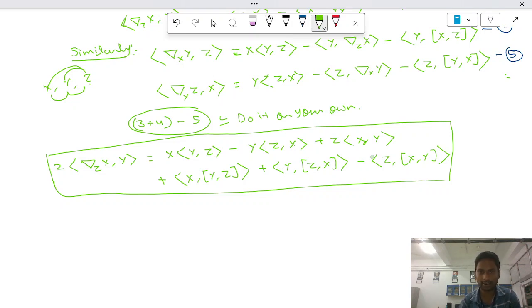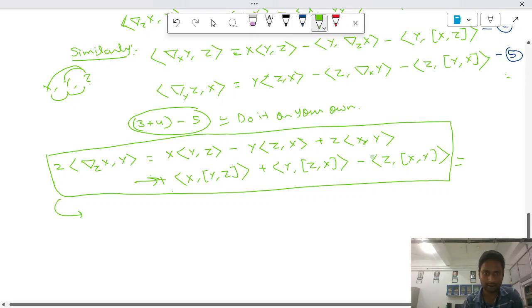Just look at the signs: plus minus plus, and then here plus plus minus, and you have the cycle xyz, yzx, zxy. Similarly down here also you can remember it. This expression is known as the Koszul formula.